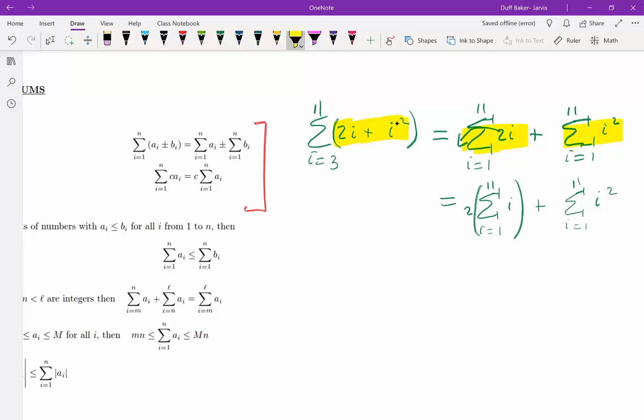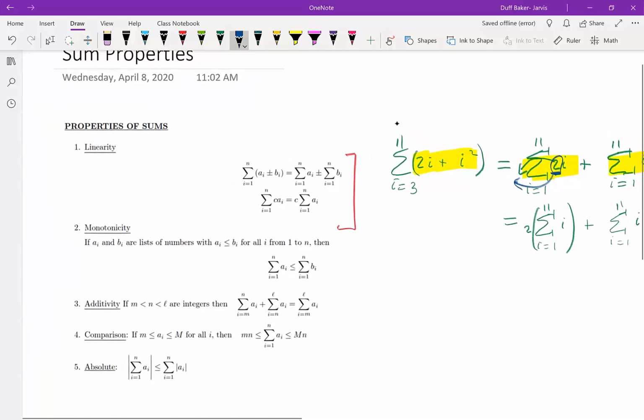And if you have a number that's just sitting in front, like the 2 here, you can always pull that out front if you would like, to make your life easier. Okay, so those are the main rules we're going to be using for sums. There are all these other ones that I put there just for completeness that we're not going to really use much.